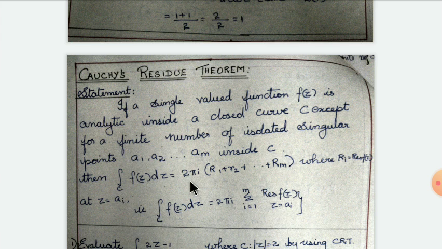So this is 2 pi i into the sum of the residues. What is C? C is the simple closed curve.